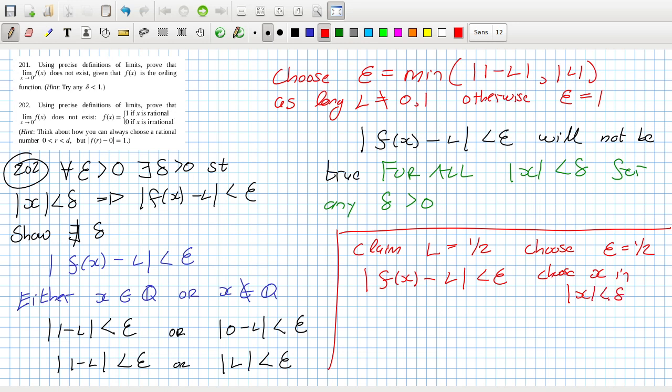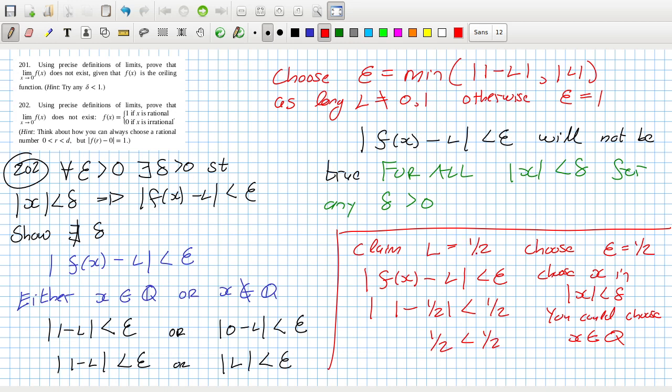Now we don't know what delta is, but no matter what delta is, you could choose an x which is, for example, rational. So then because it's rational, this would become 1 minus a half less than a half. So you get a half less than a half. So it fails. You cannot be within a half of the limit.